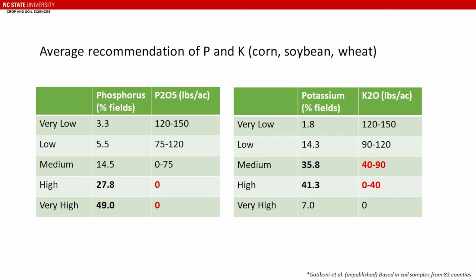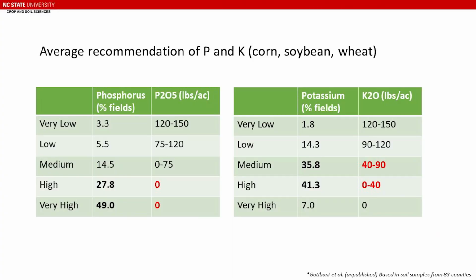We collected samples in all counties with a big representative acreage of agriculture. We ended up collecting about 500 samples in 83 counties, in representative agricultural fields that our agents chose for us. And so we got all these samples and we did the big averages for the state.